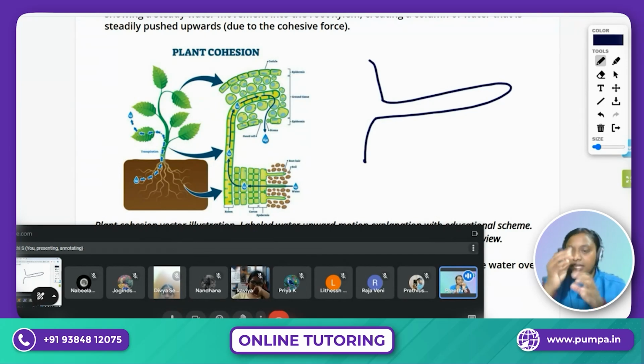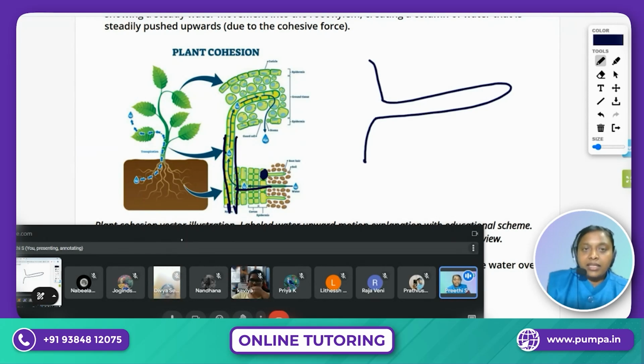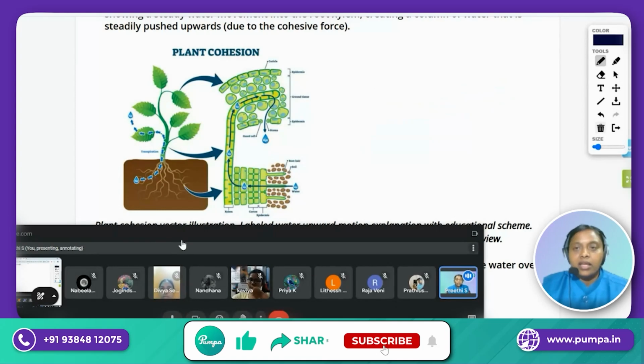If there is an increase in the surface area, water will be moved into the plant easily. First it will be entering here, and then crossing, and then there is a tube-like structure called the xylem. You can observe this image. When it starts entering into the guard cells, the stomata will open, and then transpiration will be done.